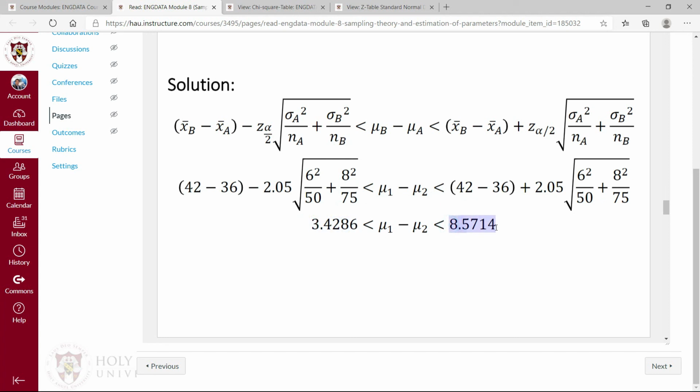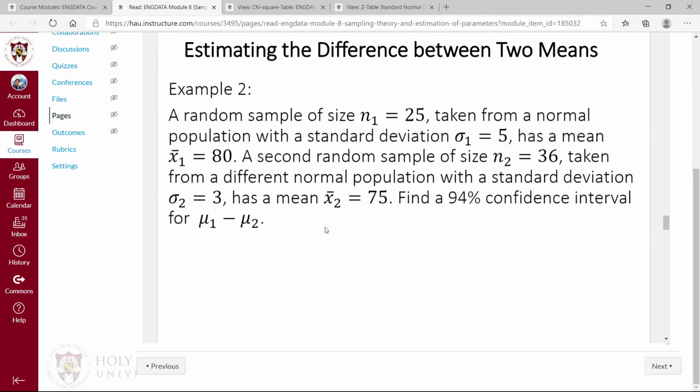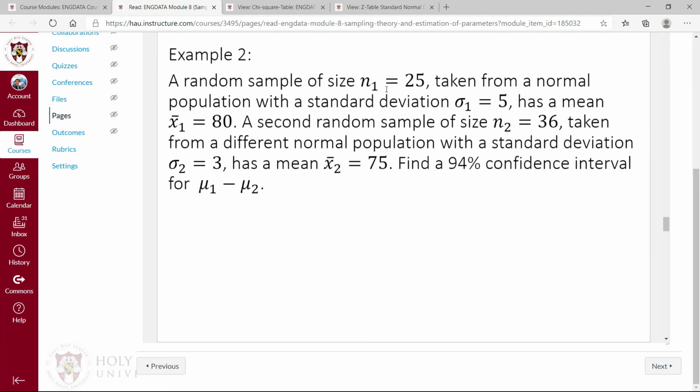Now, continuation. A random sample of size n1 of 25 is taken from a normal population with a standard deviation of 5, and x bar 1 of 80, which is the mean.